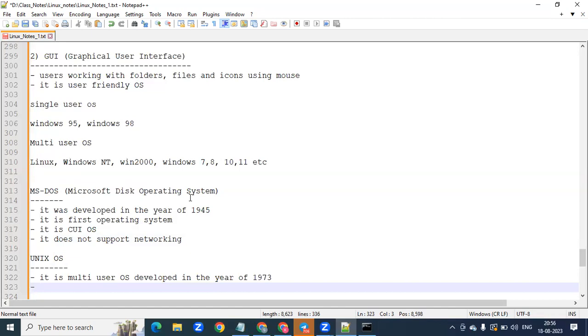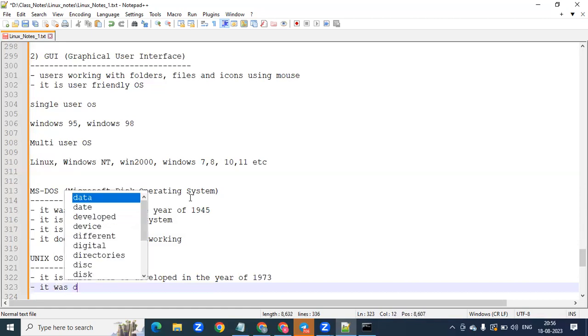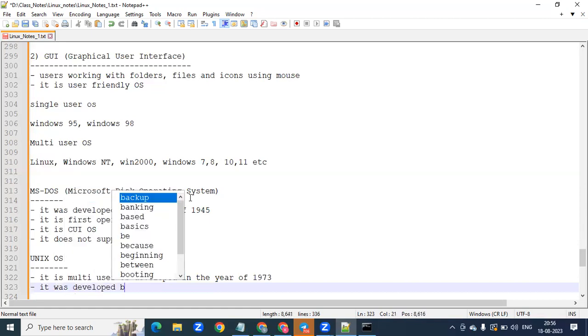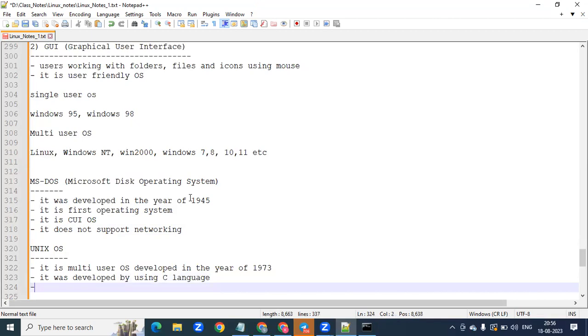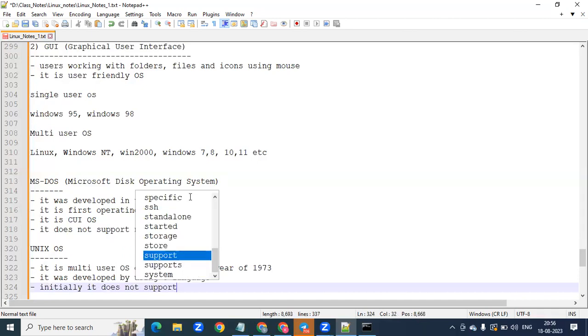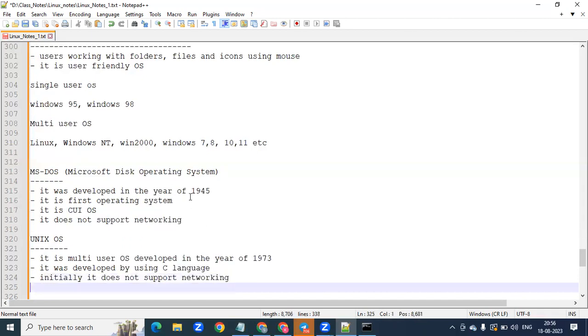Unix was developed using C language. Initially, it did not support networking.